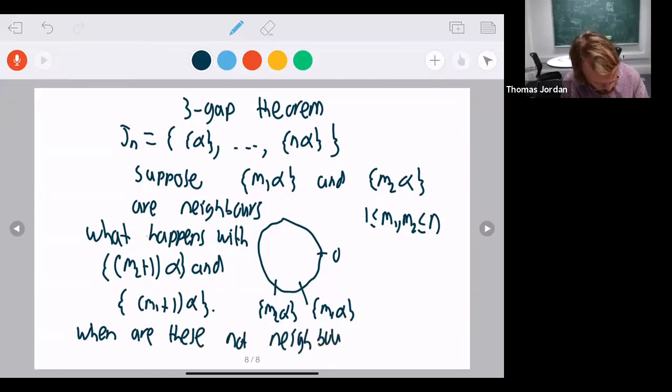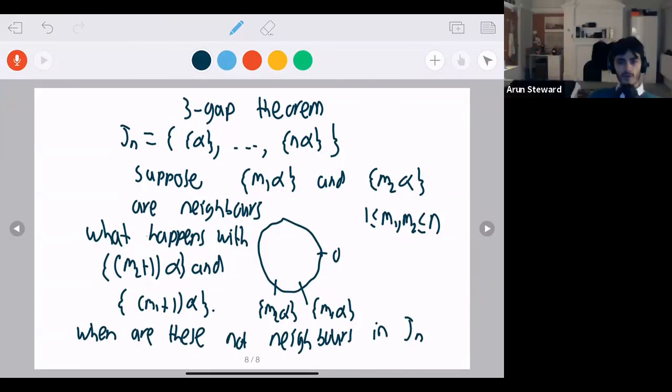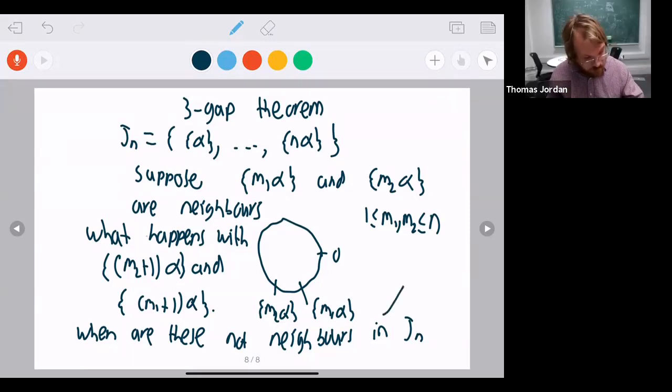So under what circumstances, if we have neighbors m1 alpha and m2 alpha, are (m1 + 1) alpha and (m2 + 1) alpha not also neighbors? Is it something when, say, m2 is n or something like that? So it goes around the edge. Yeah, exactly. So they're not neighbors.